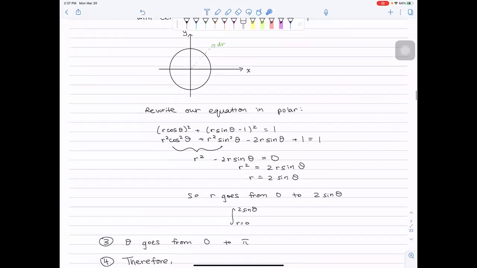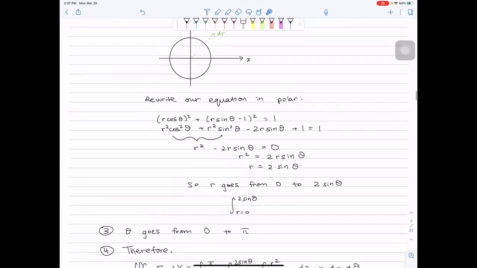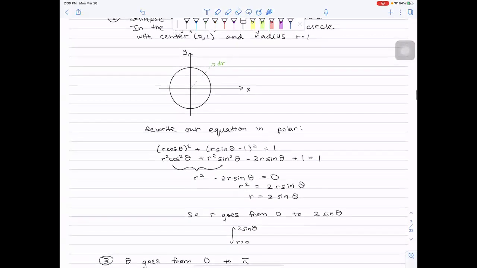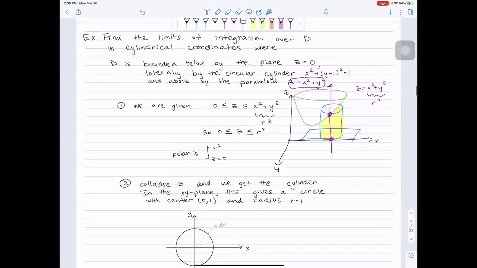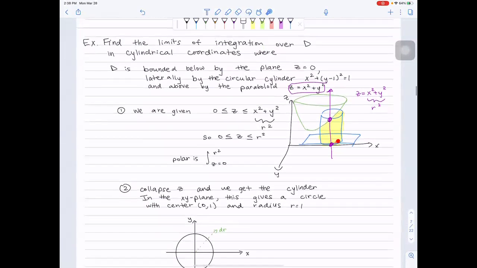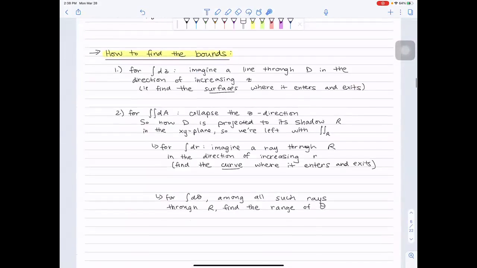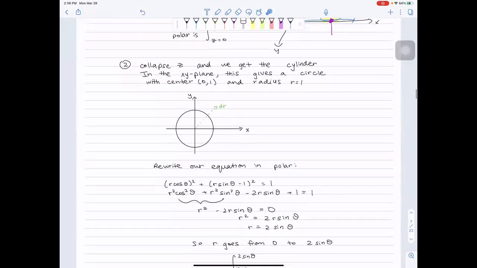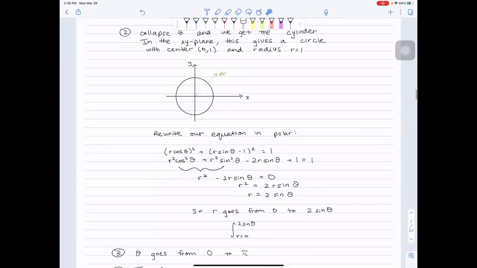Then theta, how do we find theta? If we have the cylinder, okay, let me think. So we have this circle and we're drawing increasing lines.